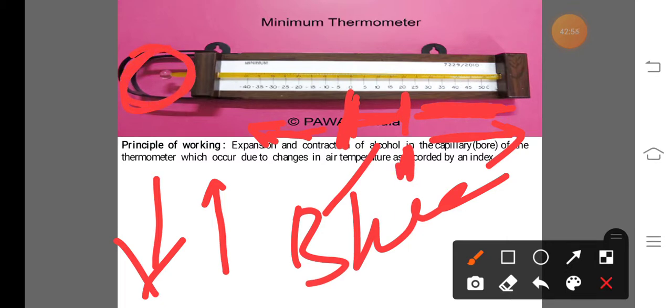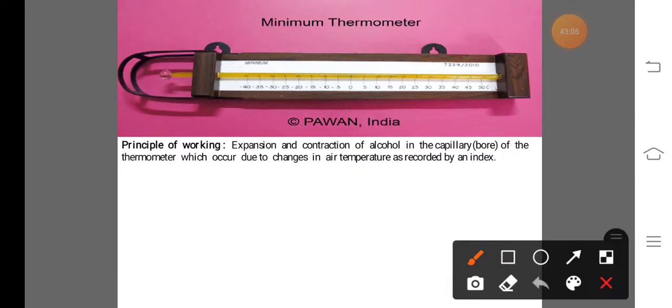Suppose this is the bulb; the point of index opposite to the bulb is considered the lowest temperature of the atmosphere. For example, while the temperature is decreasing in the atmosphere, suppose at 15 degrees Celsius the index is present, and the temperature decreases.